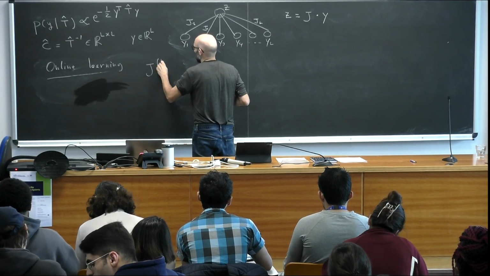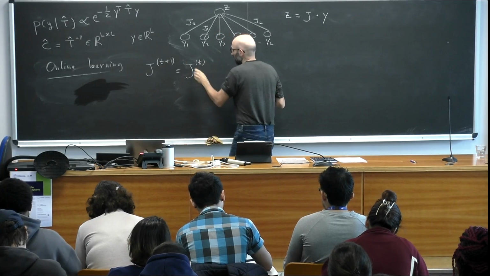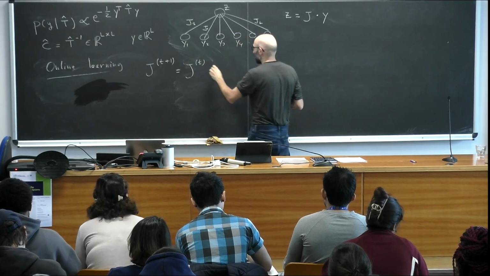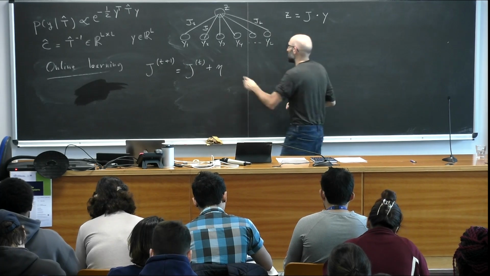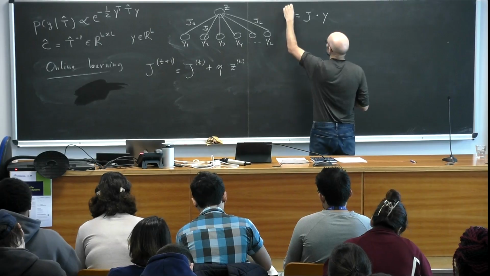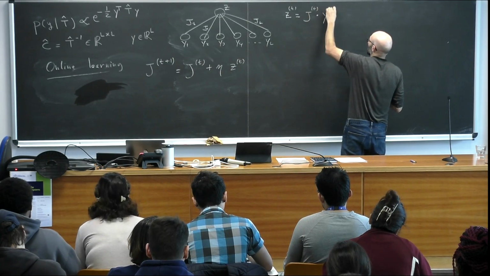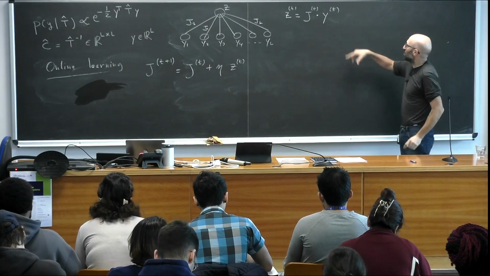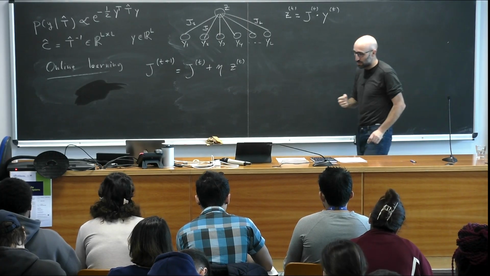So J t plus 1 is going to be Jt plus a learning rate eta times z of t. So z of t will be j of t dot y of t, where y of t is the data point that you get at time t. At each time step, you get one new data point.